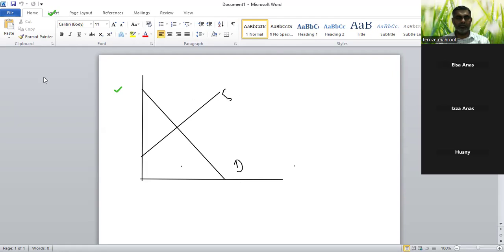Then when the demand and supply meet, that is the equilibrium price, and this is the equilibrium quantity.